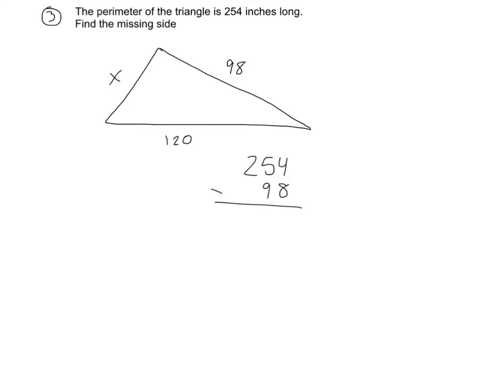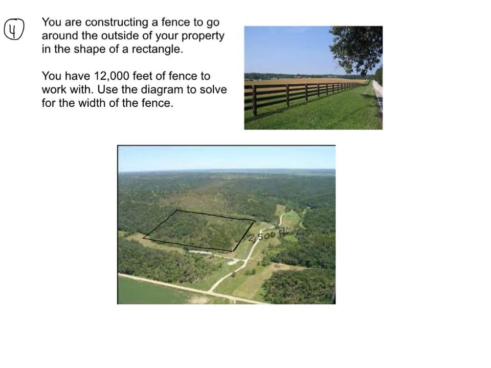So 254 minus 98 gets you 156. And if you subtract 120 from that, that's going to get you 36. So that side is 36 inches long.